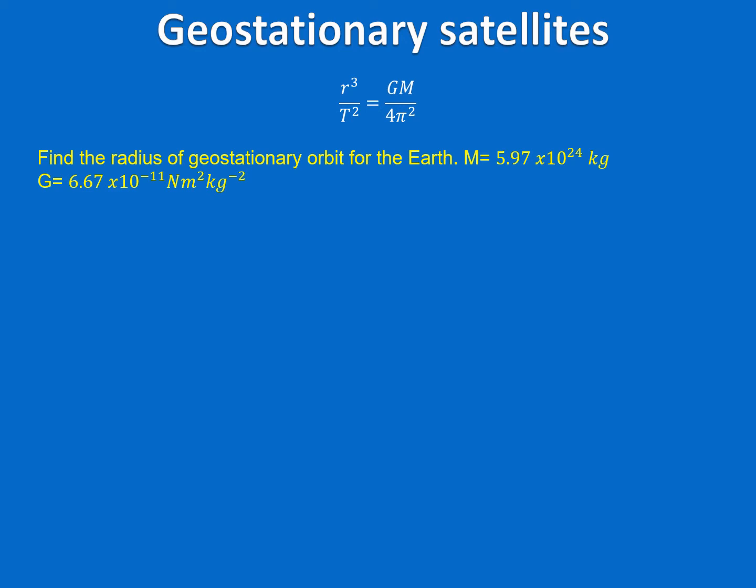If I sketch a little diagram of that, in the top left we have a circle for the Earth, and the satellite will be here, with the radius of the Earth, and then this distance, the height above the Earth here.